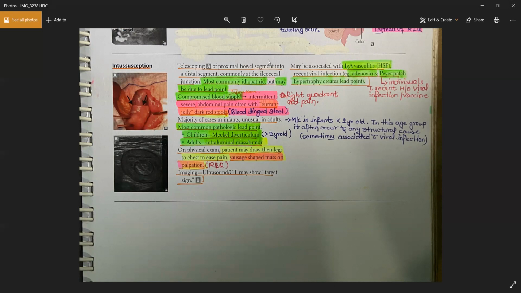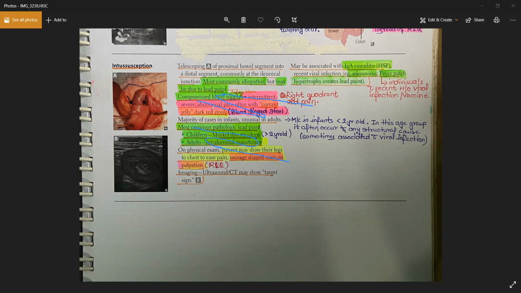If I draw the diagram, it will be seen like that. This is a distal segment which is kind of dilated, and the proximal segment is telescoped within the distal segment, just like that, right? This is known as the intussusception.